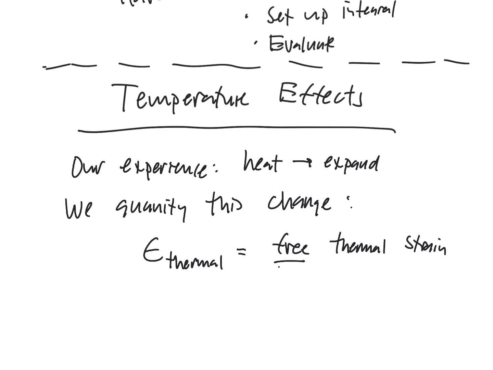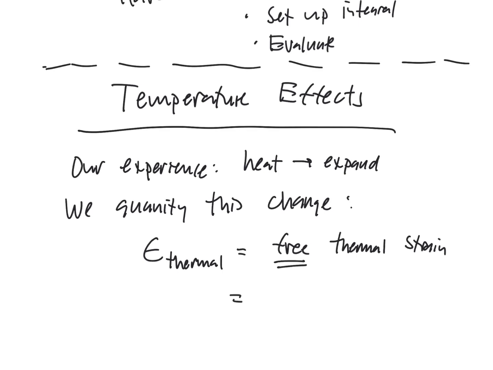Now, this word is important, and a lot of times you won't even see it written out. But what it means is that's how much strain there would be if it were free to expand. So the free aspect means that it's unrestrained by any sort of mechanical constraint. The word free is somewhat optional, but it reinforces the fact that that's how much it would grow or shrink if it were completely unrestrained.